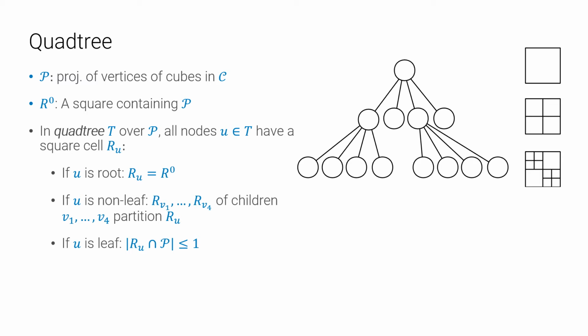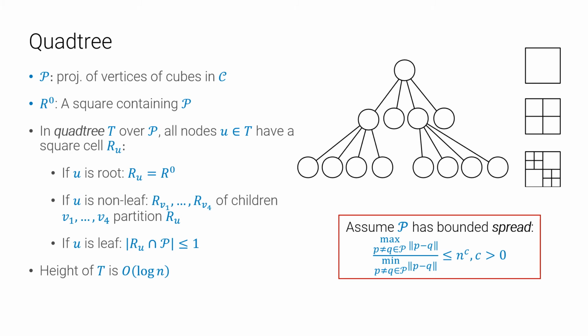Every node in this quad tree is associated with a square cell. In particular, the root node of the quad tree, its cell contains all of the points. Any node with more than one point in its cell is further divided into 4 cells and its 4 children. And then of course, any leaf node contains either 0 or 1 point in its cell.